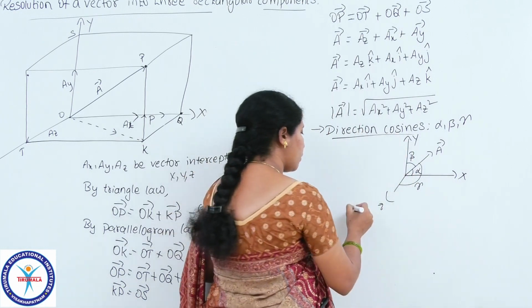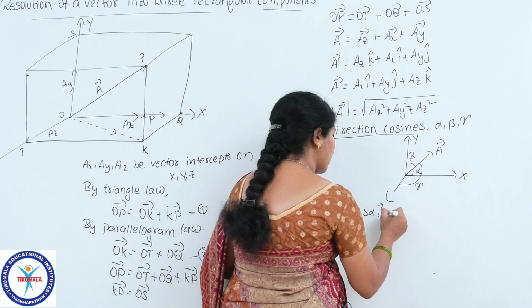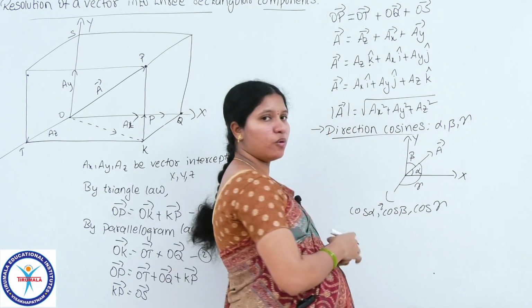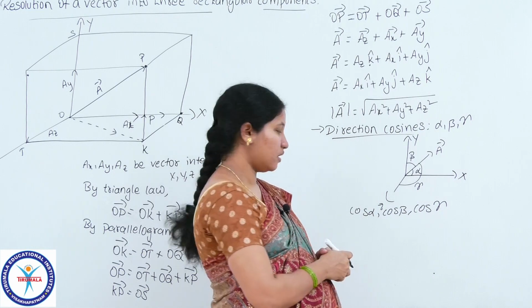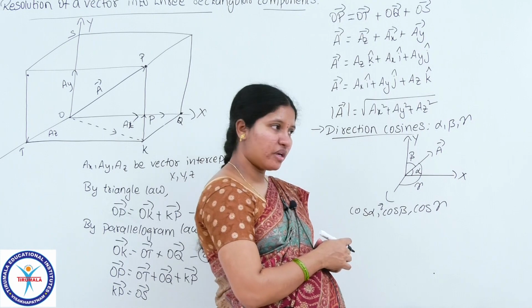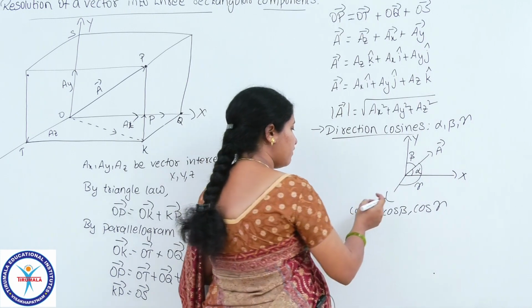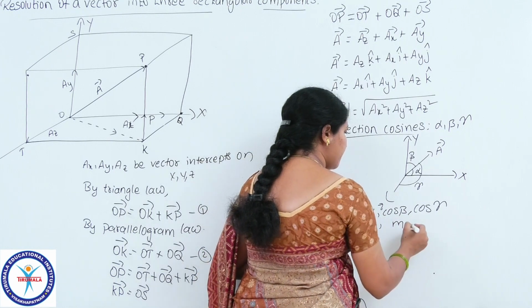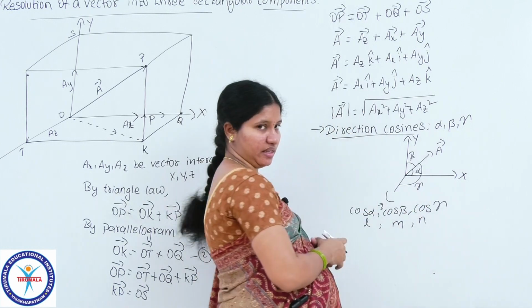So cos alpha, cos beta and cos gamma are known as direction cosines, and we can also write cos alpha as L, cos beta as M and cos gamma as N.